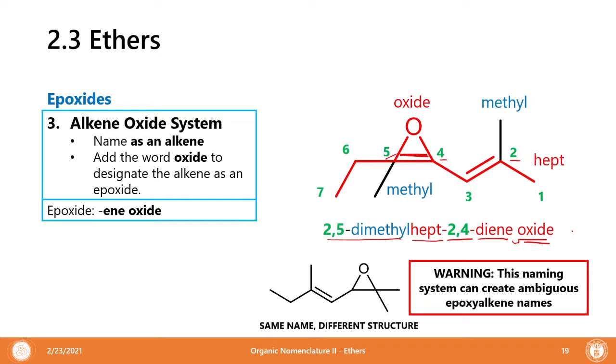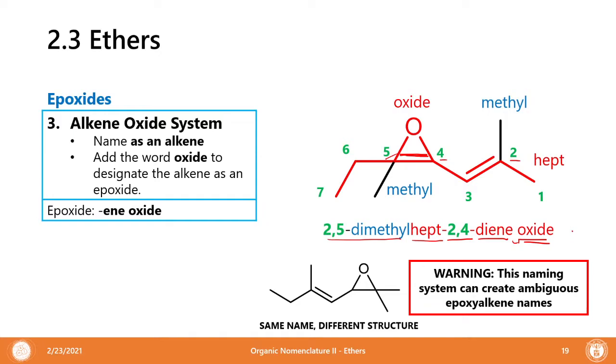But you can see where this becomes confusing, because what if the other alkene is the epoxide? So it becomes ambiguous. So this is only commonly used when we have simple epoxides.